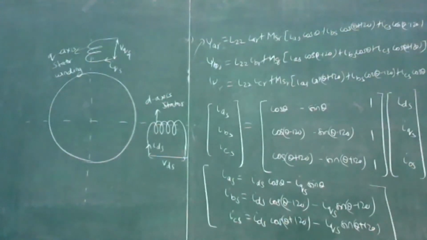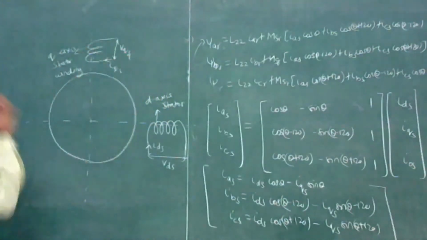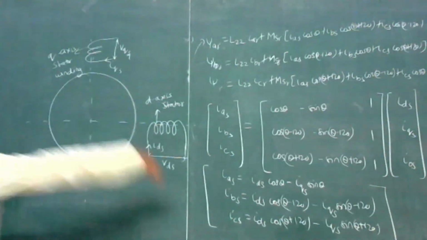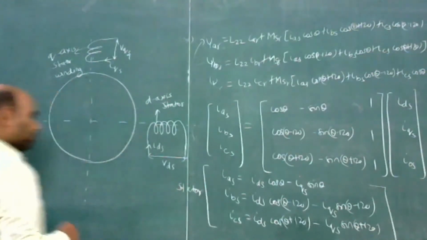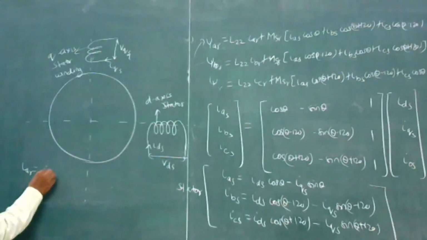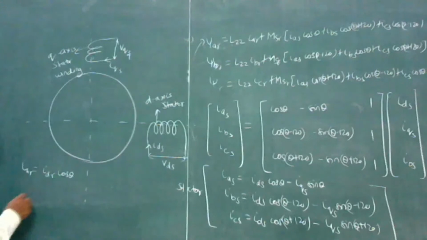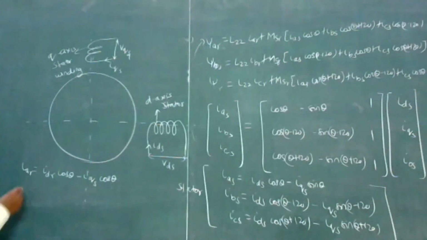Now we will substitute these values into the rotor side. Similarly, this is for the stator. For the rotor, IAR will be equal to IDR cos theta minus IQR sin theta.